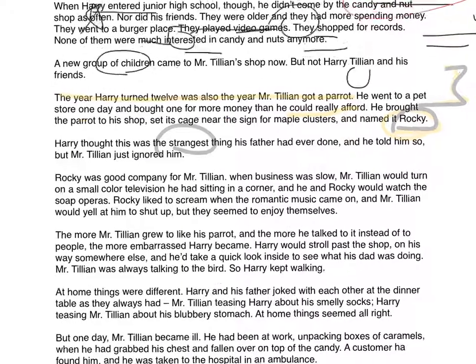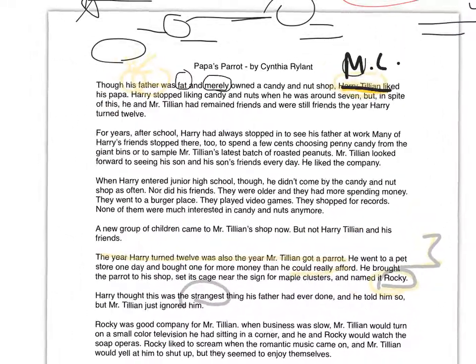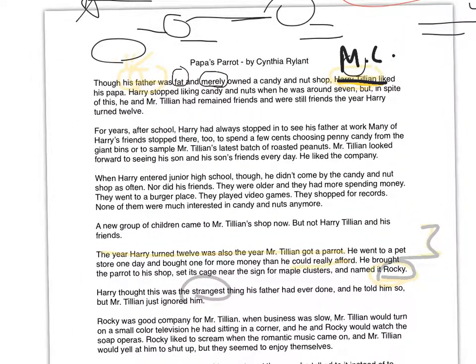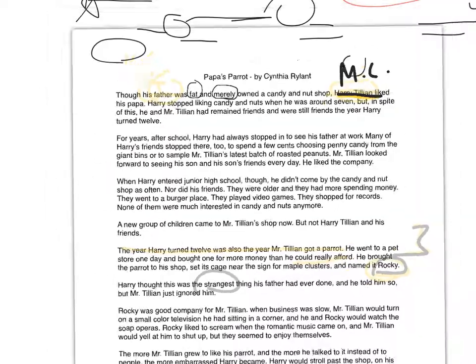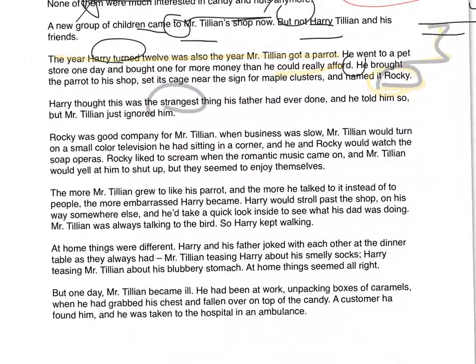So now I have 3 things on tone here. The father is fat. The father merely owns a candy store, right? And he can barely afford the parrot, and that this is a strange thing his father had done. So now we have the problem.